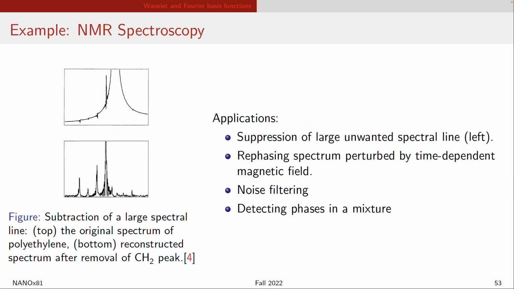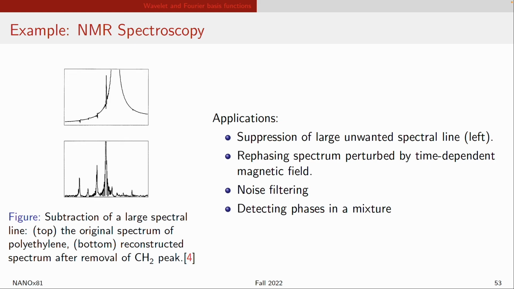Now, just to show you where it is used, for example in NMR spectroscopy, people have applied wavelet fitting to NMR spectra to try to suppress some of the background noise that you measure with your instruments. For example, there's a large unwanted spectral line.